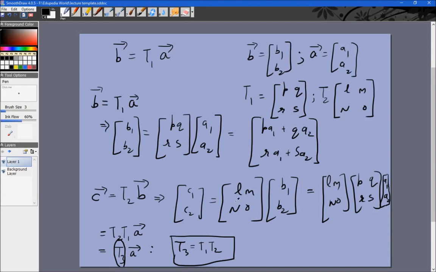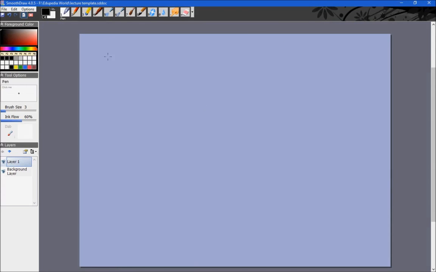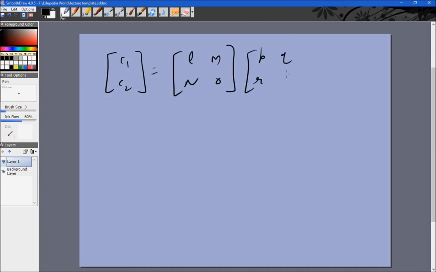Okay, now I'll write this line again. What we wanted is C1, C2 is equal to LMNO PQRS times A1, A2. Right, but if you actually calculate the value of C2, I suggest you do it.